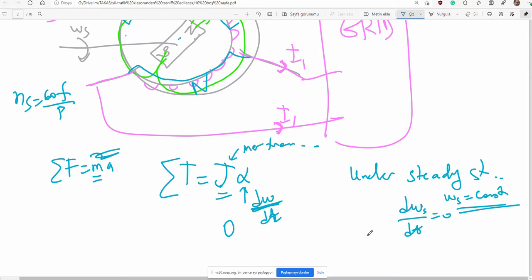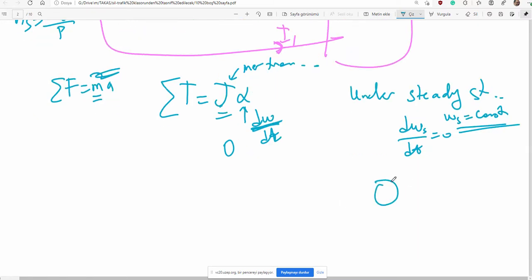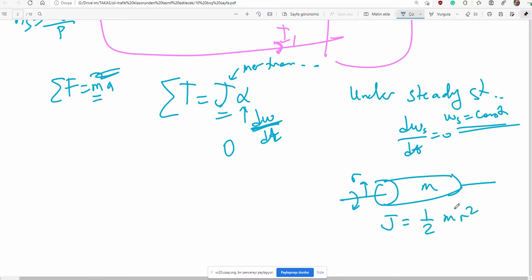J, remember, for any solid rotor having a radius r and mass of m rotating in such an axis, inertia can be calculated as 1/2 m r squared. So here you see m is always positive, r squared is positive, so J is always positive.